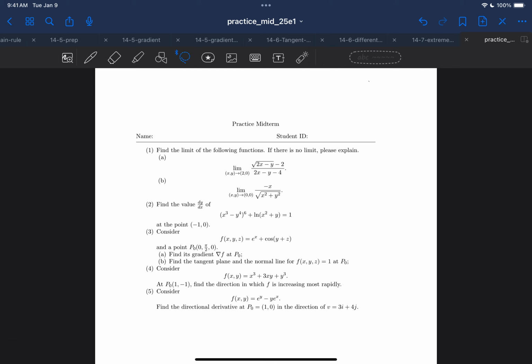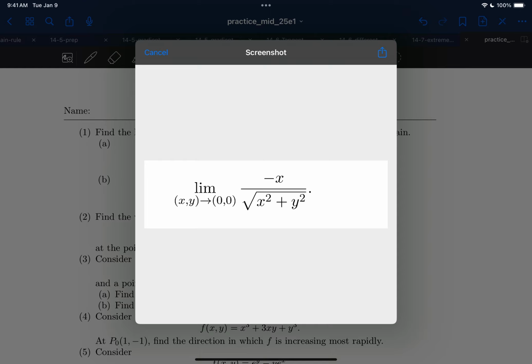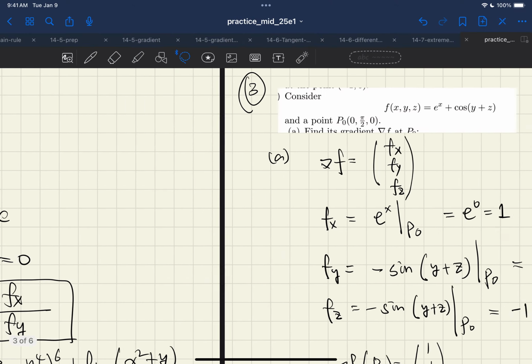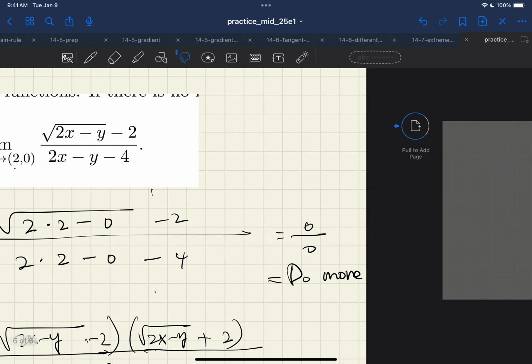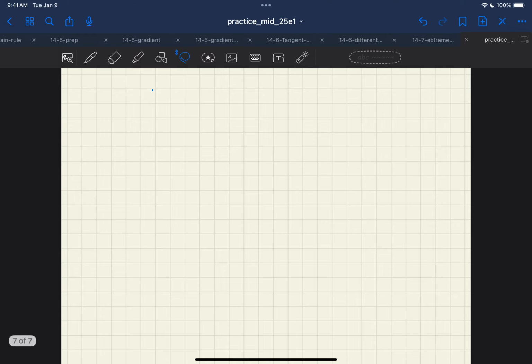The next one is again a limit problem, but a different type of limit problem. So this is 1b.